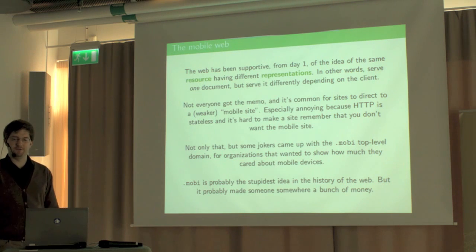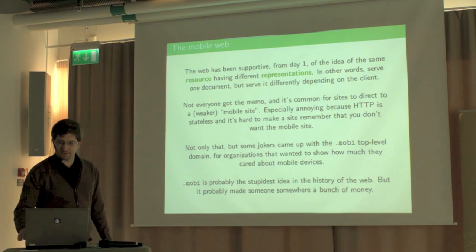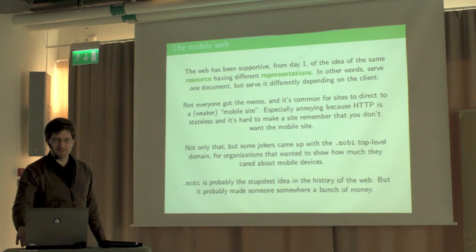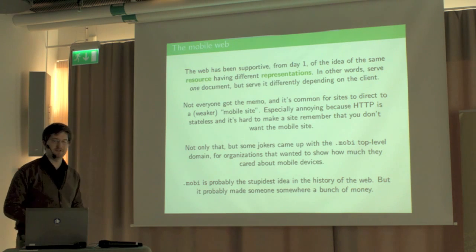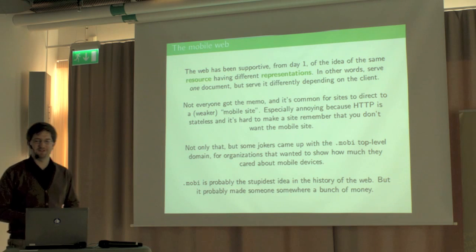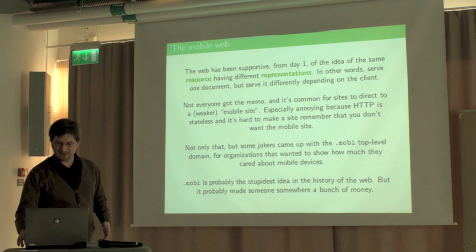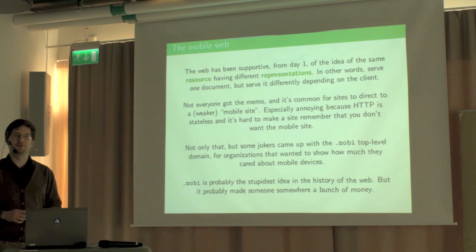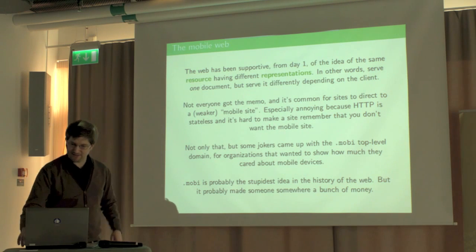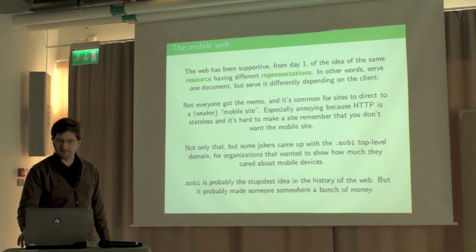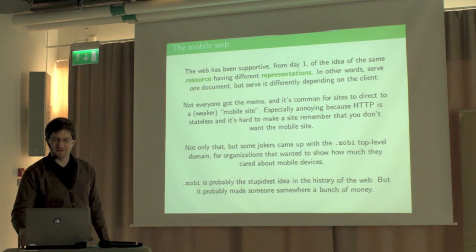You don't have to buy a new web address or anything. So my guess is that .mobi will historically show up as probably the stupidest idea in the history of the web. Well, I should reserve my judgment. There's now .guru as well, so we'll see. But it probably made someone a bunch of money just selling these .mobi domains, convincing companies that they need them.